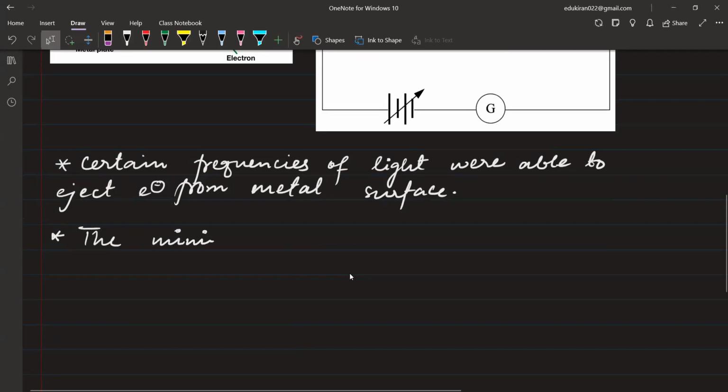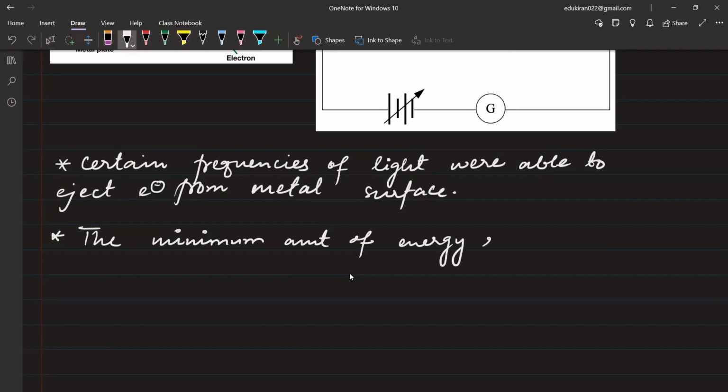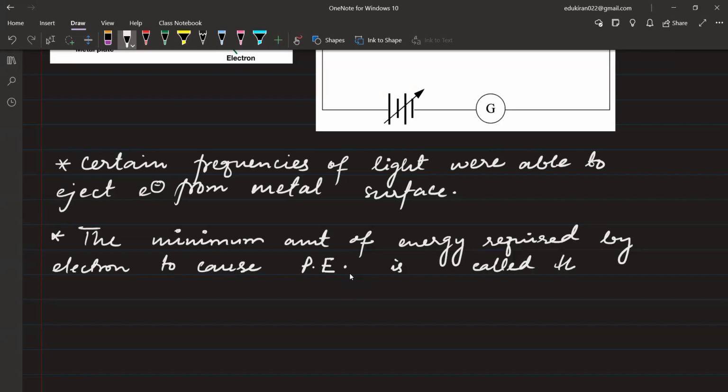The minimum amount of energy required by an electron to cause photoelectric effect (PE means photoelectric effect) is called threshold energy or work function.